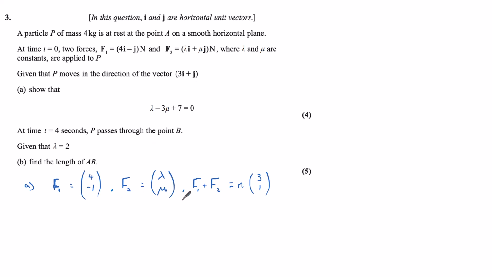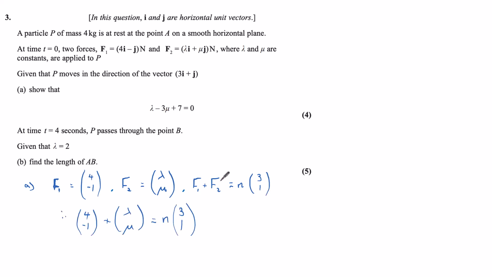Now I'm looking at my resultant force here. If these two forces are acting on P, ultimately I want to add them together, because I'm told that it's moving in the same direction as the vector 3i plus j, which means that when I add them together, they are equal to some constant, which I'm calling n, multiplied by that directional vector, which is 3, 1.